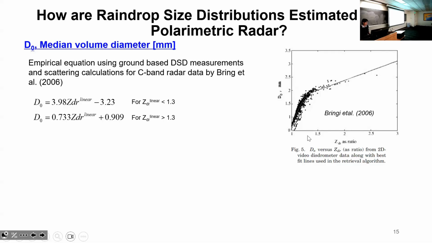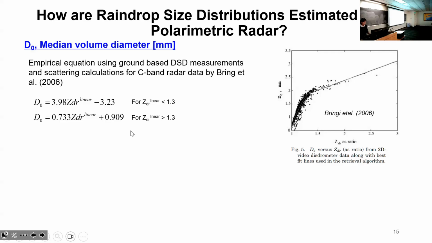D0 can be estimated using empirical equations proposed by a previous study. This is the relationship between ZDR on the x-axis and D0 on the y-axis. This is based on ground-based measurement, ground-based particle 2DVD, video disdrometer measurement, and scattering calculations.